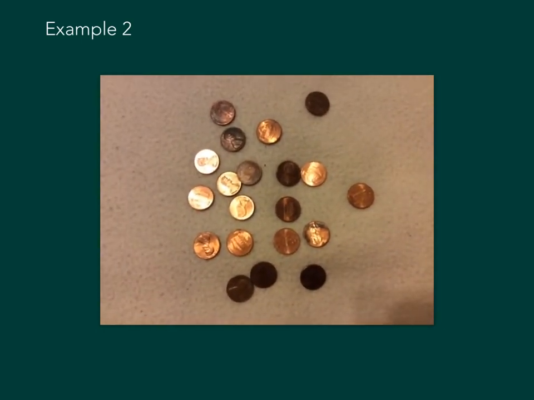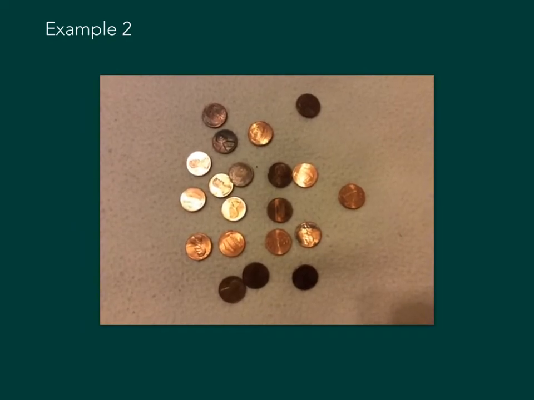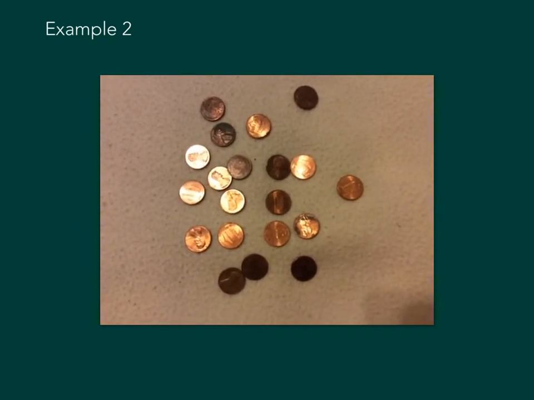Okay, here's all of our coins. Now let's circle all of the ones that are tails. I know that with this lighting it's a little hard, so you might have to trust me on this.